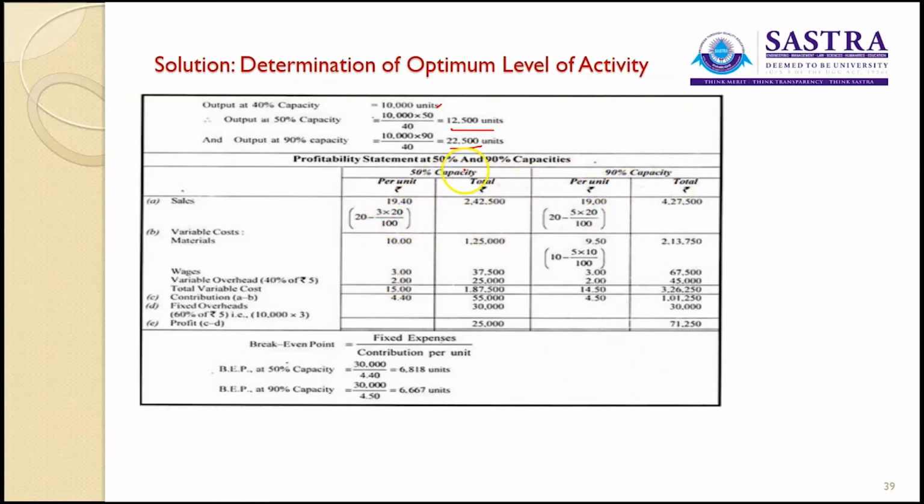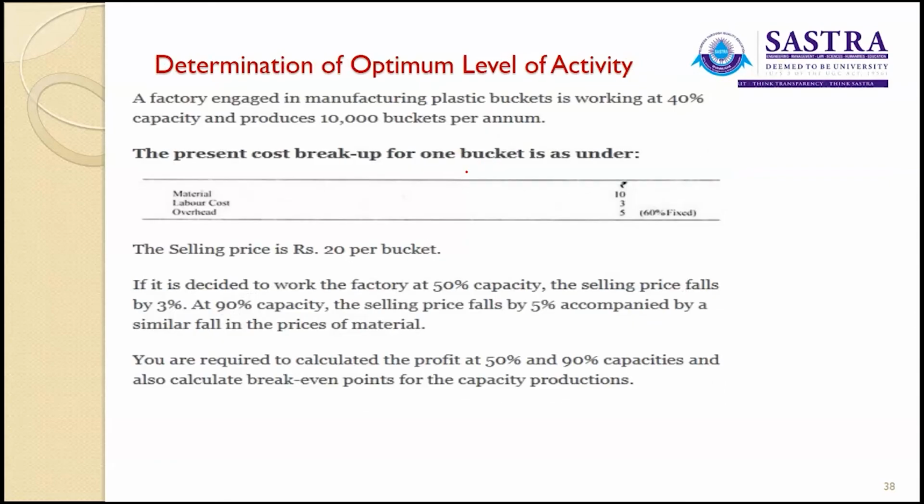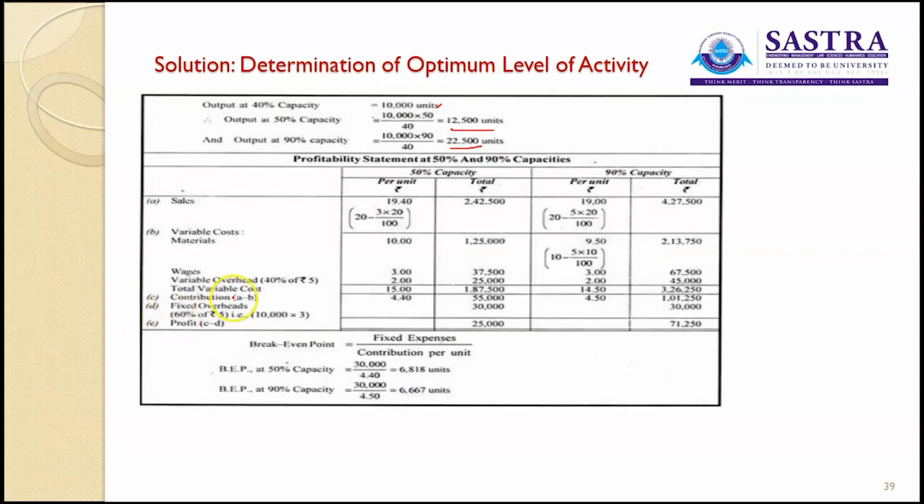Now sales. It is given that at 50% capacity, the selling price falls by 3%. Now this 20 rupees is the selling price. So we are falling by 3%, that is 20 minus 3% of 20. So you'll get 19.40.